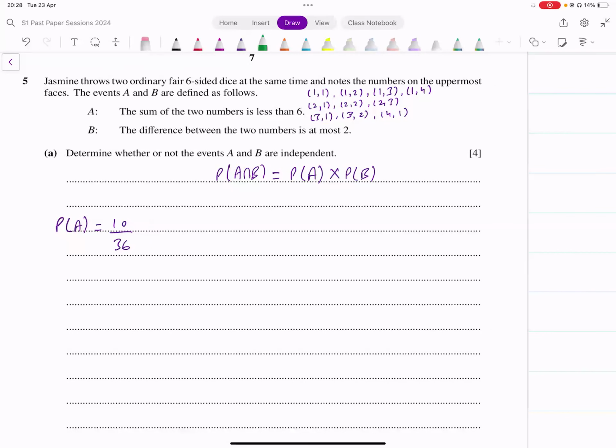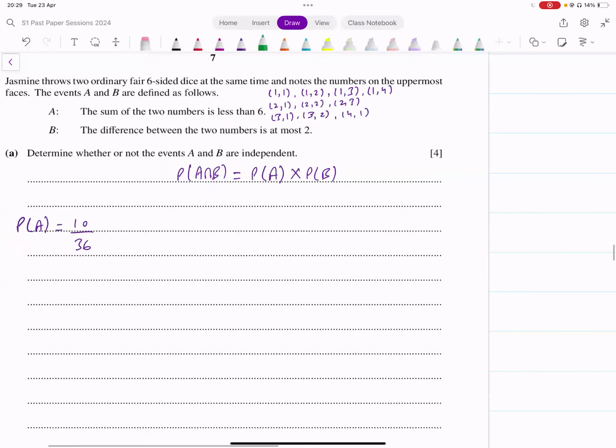The difference has to be at most 2, so what are the possibilities? Let me list them down. With 1, for the second dice, you could have 1, 1, 1, 2, or 1, 3. So with 1, you've got these 3 possibilities.